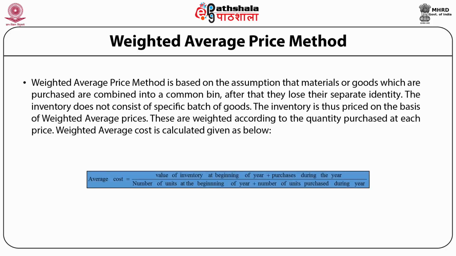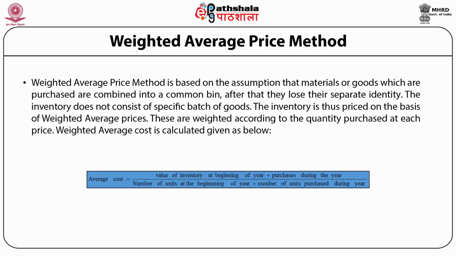The average cost is the value of inventory at the beginning of the year plus purchases during the year, divided by the number of units at the beginning of the year plus the number of units purchased during the year. According to this formula, weighted average price is based upon the assumption that when material is purchased, it loses its separate identity.